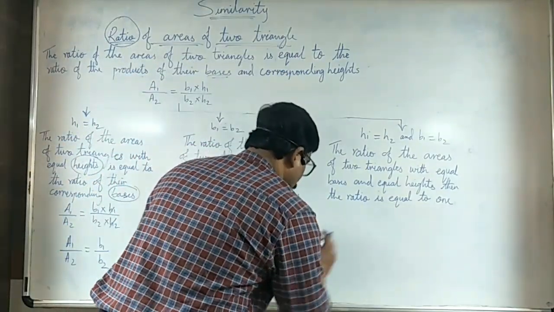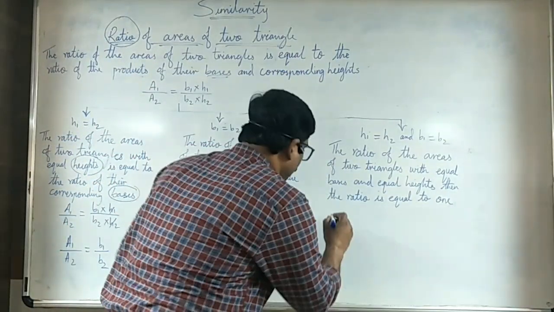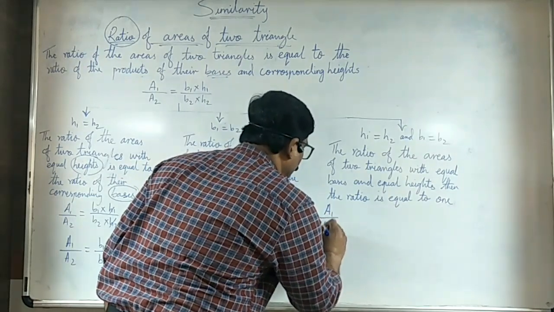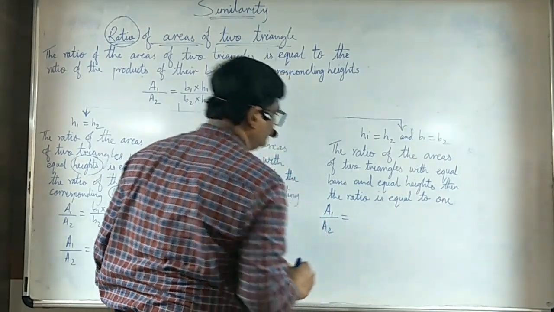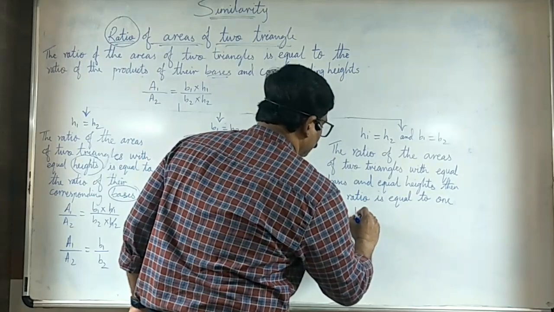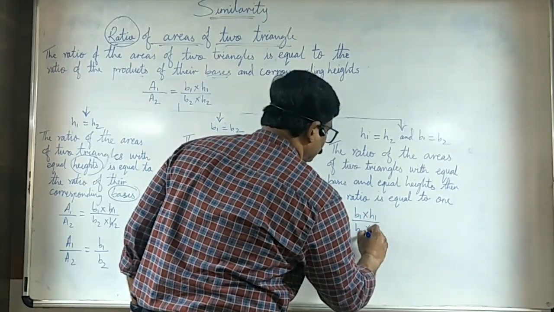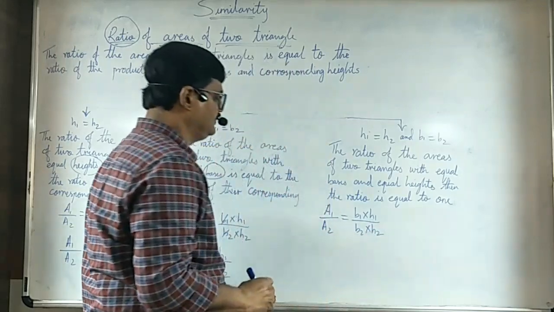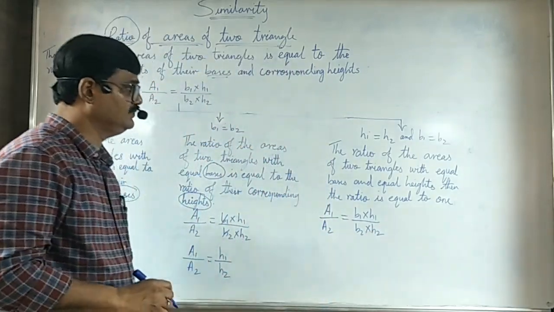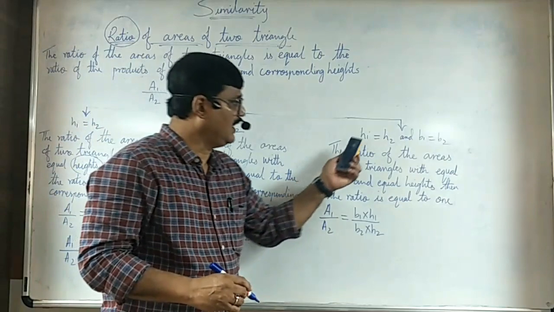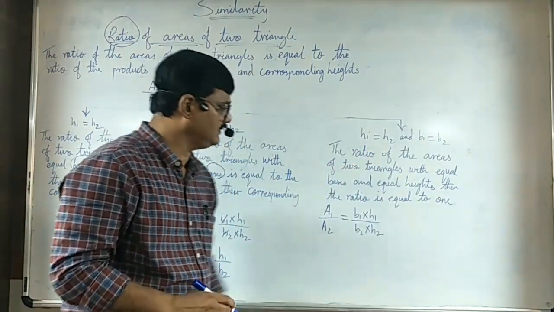In this case, A1 upon A2 will be equal to B1 into H1 upon B2 into H2. Now they told us that the height is also equal and the base is also equal.